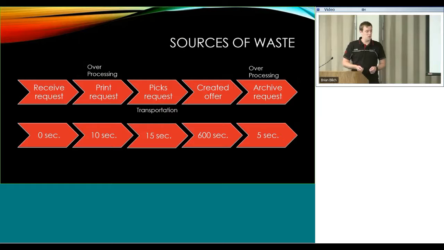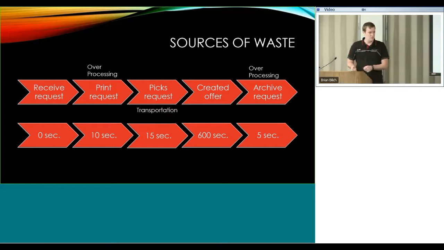It's over-processing because I have two screens on my desk. So I have one for the mail and the other screen for the program we use to create the offer in. So it's not necessary to print the request out. Then I pick up the request, which is a transportation I don't need.